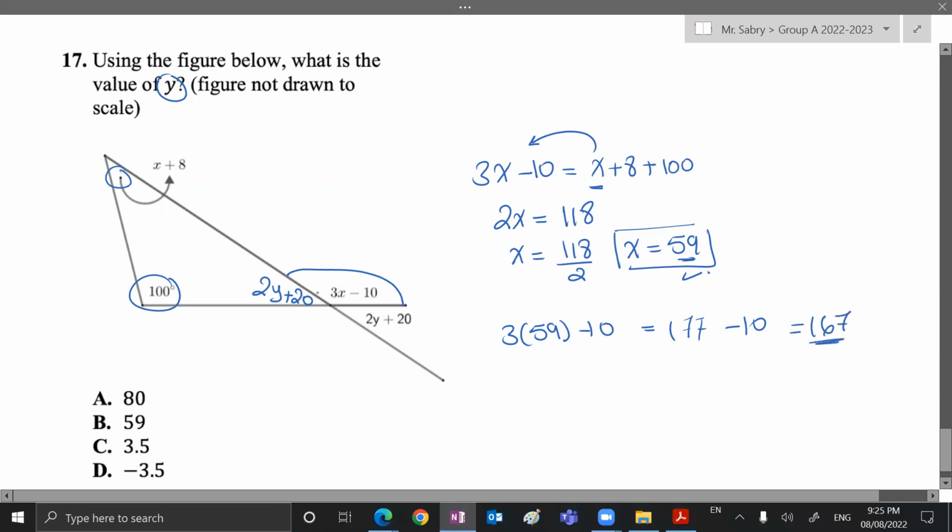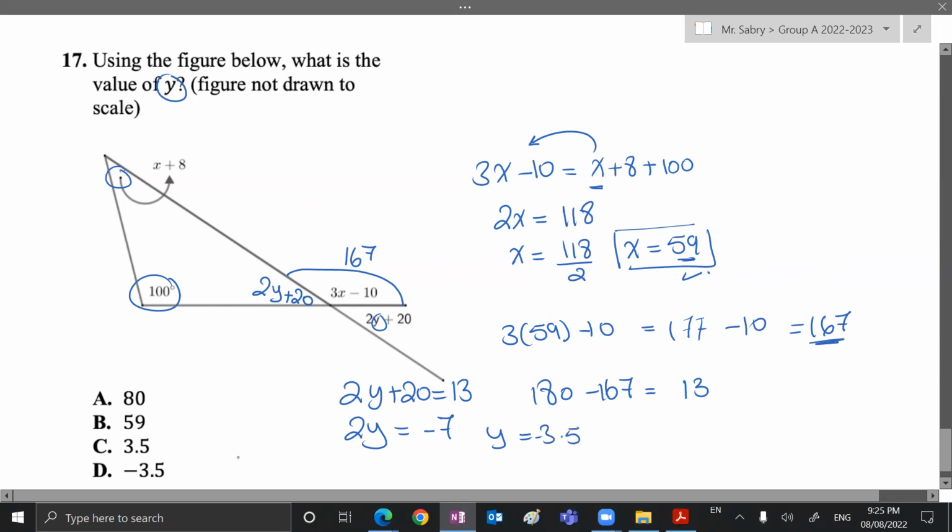So this 167 is the measure of this angle here, which means this one should be 180 minus 167, which means it should be equal to 13. So then 2y plus 20 is supposed to be equal to 13. So 2y is supposed to be equal to negative 7, which means that y must be equal to negative 3.5, which is D.